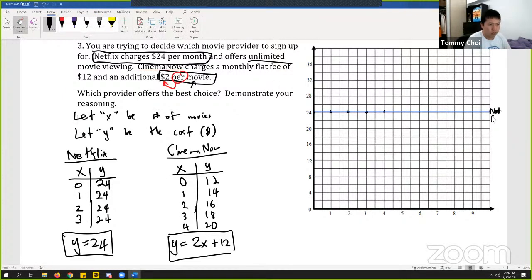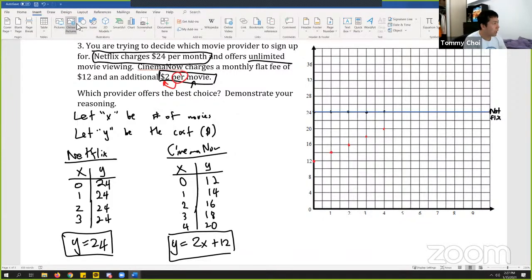For Cinema Now, it starts at (0, 12), then (1, 14), (2, 16), (3, 18), (4, 20), and we didn't solve the rest, but we can draw our line to figure out the rest for us.